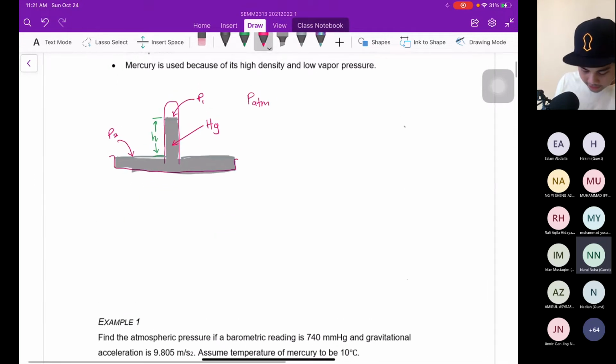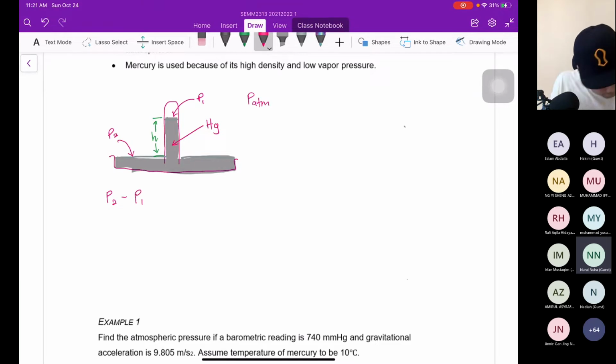Hydrostatic pressure is basically P2 minus P1. Okay, P2 minus P1.